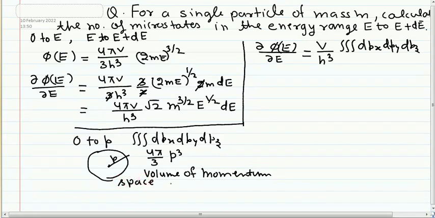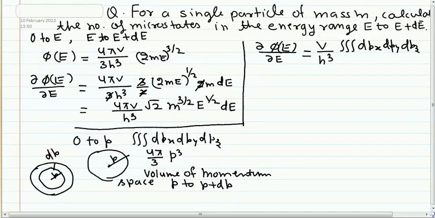within the range p to p plus dp, then what portion will we consider? P plus dp means it will be like this. So this is the sphere of the radius p, and this is the thickness dp. So p to p plus dp.